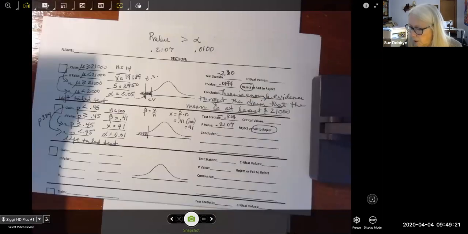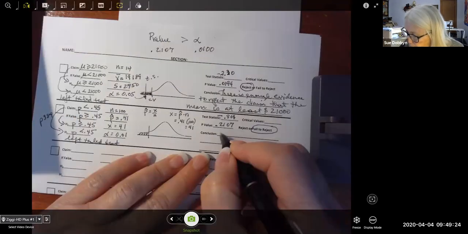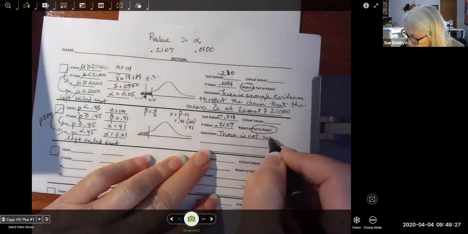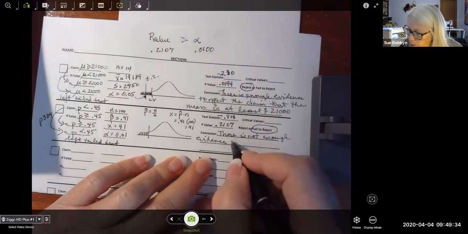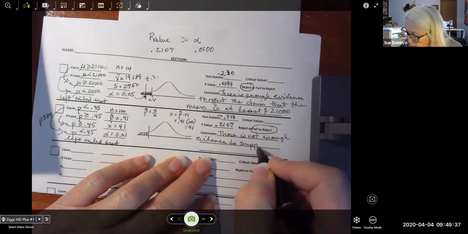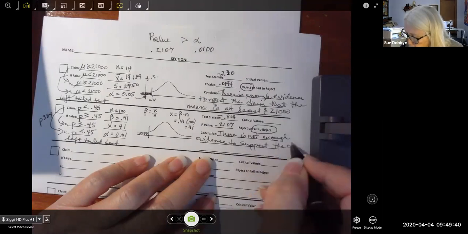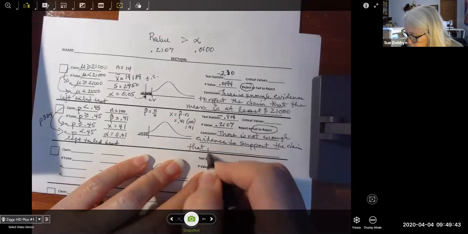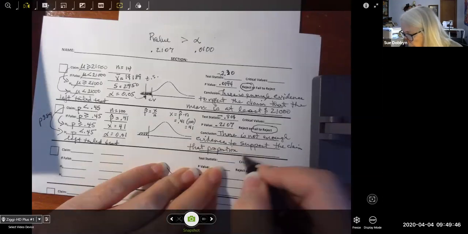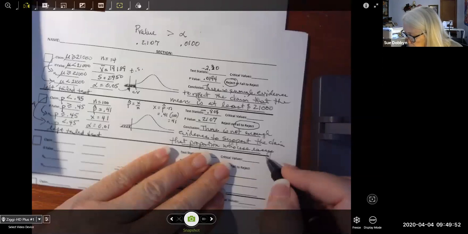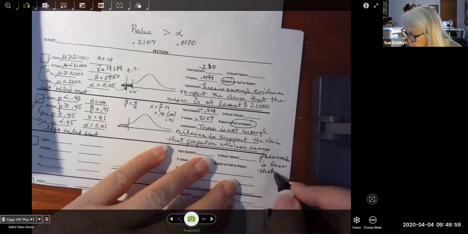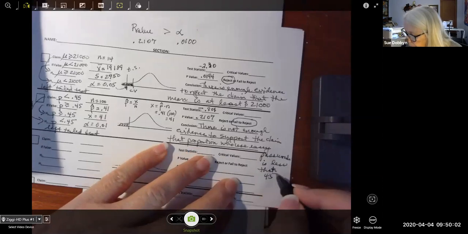Okay, so I would state that there is not enough evidence to support the claim that the proportion who use easy passwords, yeah, I know, I didn't leave myself enough room here, is less than 45%. Okay?